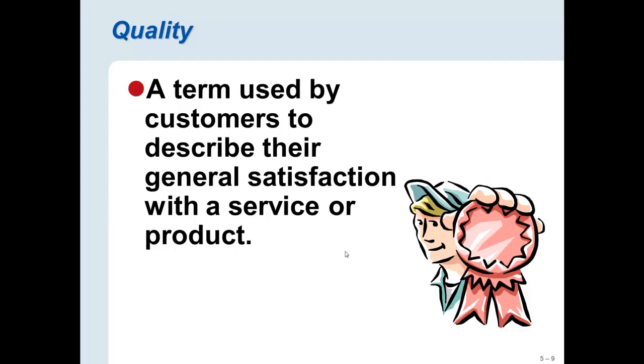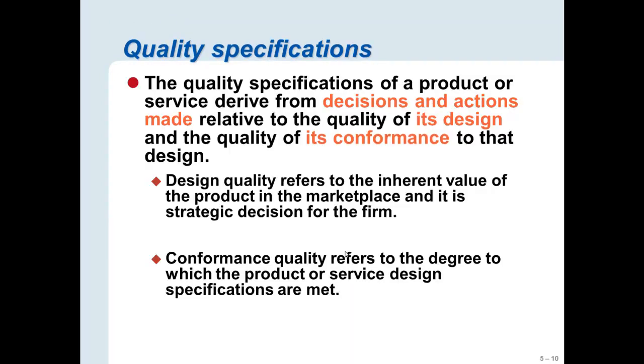Quality can be a term used by customers to describe something that they are satisfied with. Quality specification can be the quality specification of the products or services derived from decisions or actions made relative to the quality of its design and the quality of its conformance. So a quality specification must include two components.